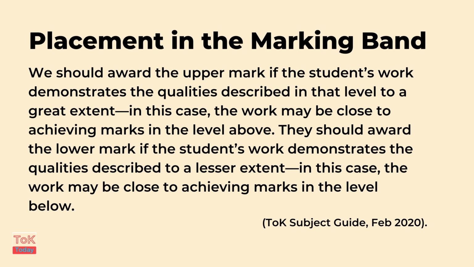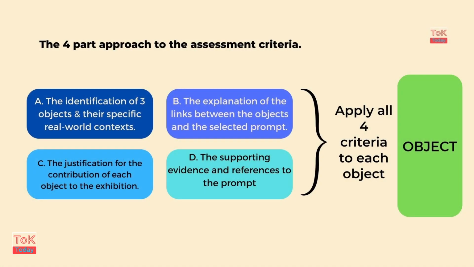In this case, the work may be close to achieving the marks in the level below. And they're the instructions in the ToK subject guide. So this process is summed up by this little diagram, which is available for free from the link in the video description.